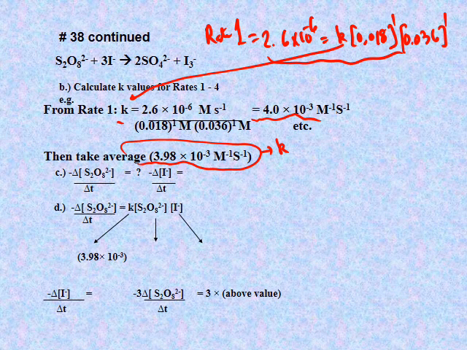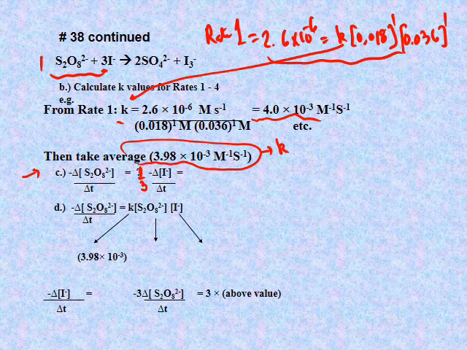Now let's do part C. In part C, they're asking you to find a relationship between the rate of dissipation of S2O8 and the rate of dissipation of I minus. So basically look at this reaction on the top. There is 1 in front of S2O8 and 3 in front of I minus. So obviously to set them equal, I must have 1/3 here where the question mark is, and that would set them equal.